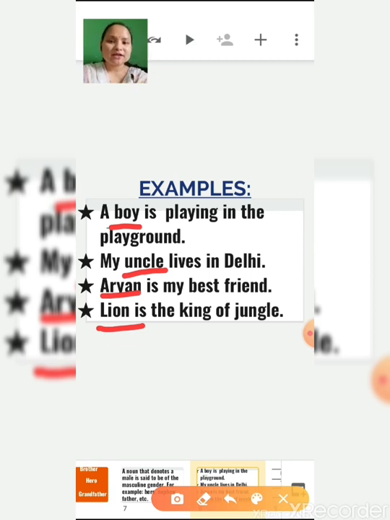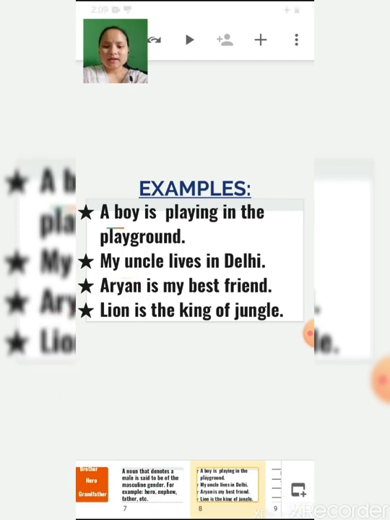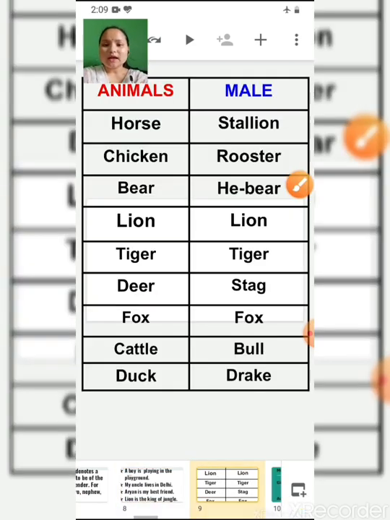They also have genders, okay? So lion comes under which gender? Masculine gender. That means lion is what? Lion is male, okay? So lion is the king of the jungle. So children, as I have told you, animals are also classified into genders, right?